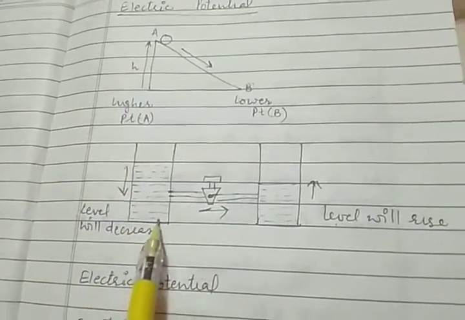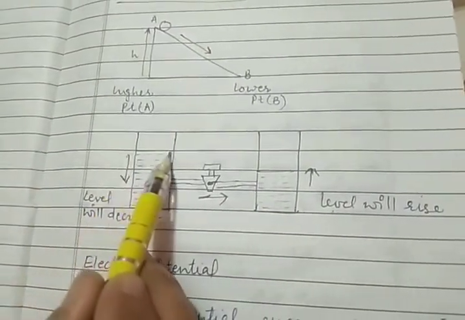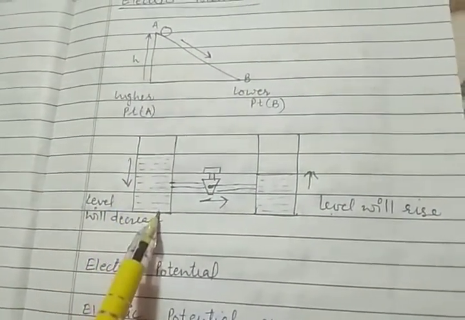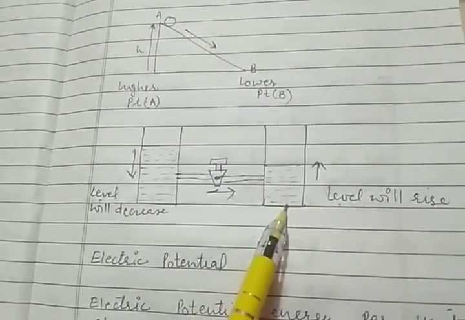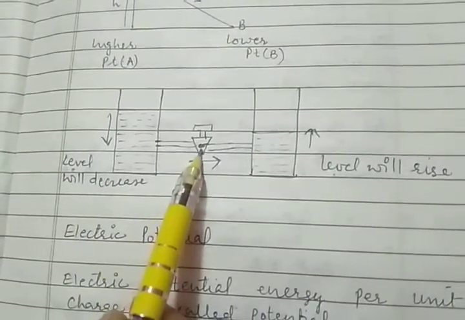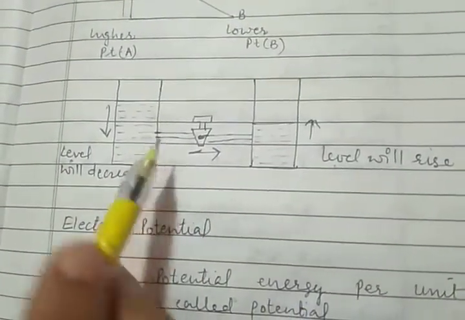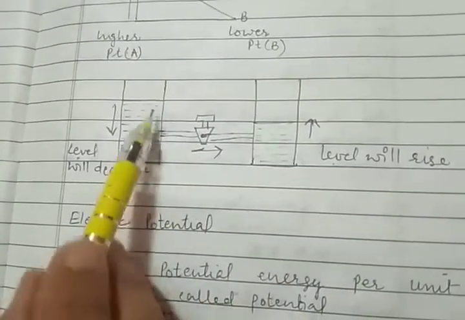Similarly, in the second case, there are two jars, and one has water up to the higher level, and the second one has water at a lower level as compared to the first one. If we open this knob and the water starts flowing from the first jar to the second, what will happen?